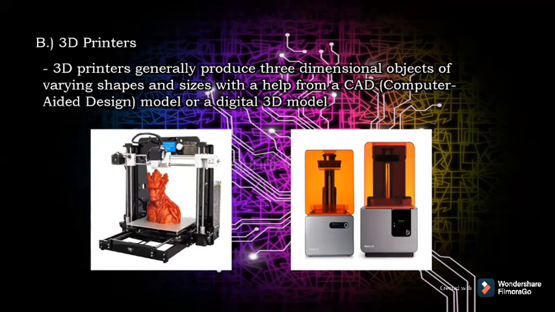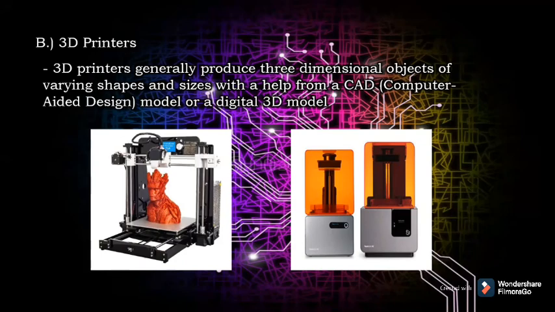Next is yung 3D printer. Ito yung pinaka-latest sa lahat ng printer na pag-uusapan natin. 3D printers generally produce three-dimensional objects of varying shapes and sizes with the help of a CAD or computer-aided design model or a digital 3D model. So makikita natin sa picture, may kakayahan siyang mag-produce ng 3D objects.